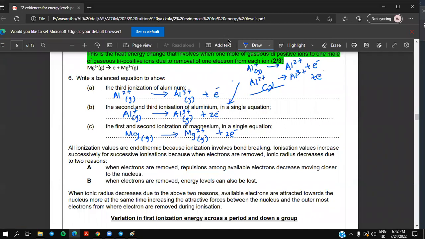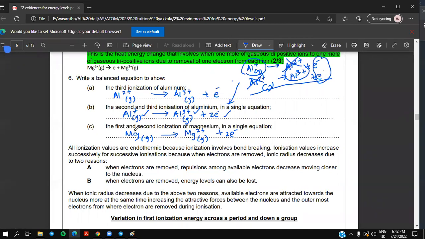When you add them together, second and third one, aluminium 2 plus cancels with aluminium 2 plus, and we have aluminium plus gas here, aluminium 3 plus gas here, and 2 electrons together here. So this is the second and third ionization of aluminium shown in a single equation.